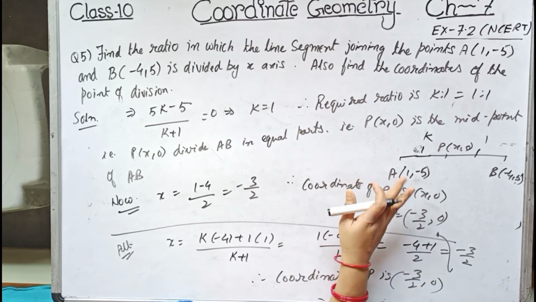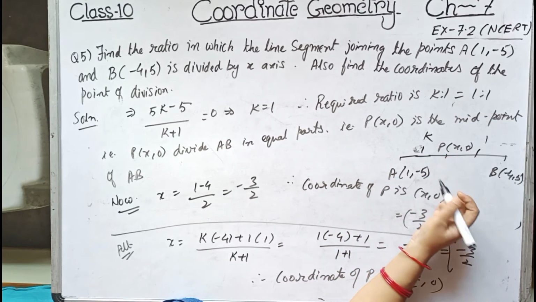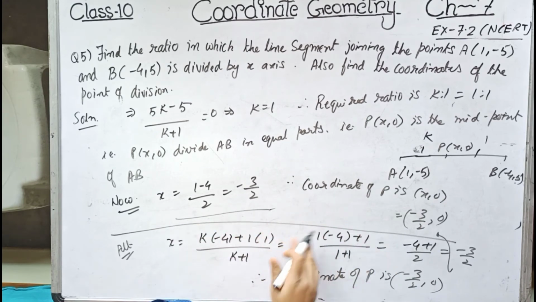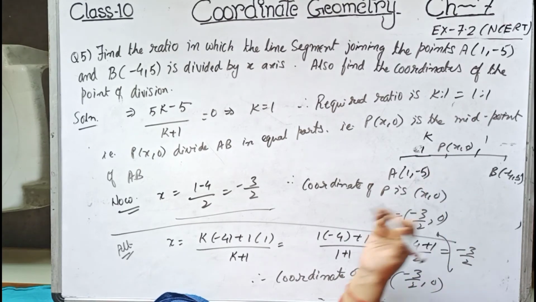Since in this particular question the value of k is coming as 1, or the required ratio is coming as 1:1, you can use the midpoint formula over here. But generally you will put the value of k in the x coordinate, then you will get the value of x and hence the required coordinates of the point of division.